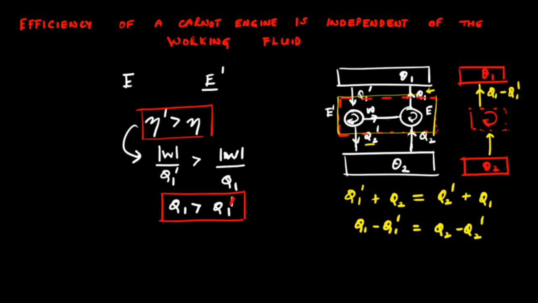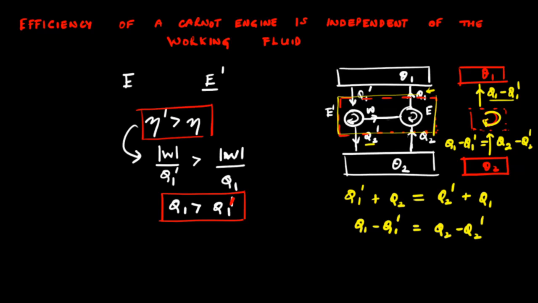the amount of heat that is being absorbed from the low temperature reservoir, that is Q2 minus Q2 prime, and that is equal to this amount of heat Q1 minus Q1 prime. So the combined effect of both of these engines is that you have a device that is operating in a cycle.